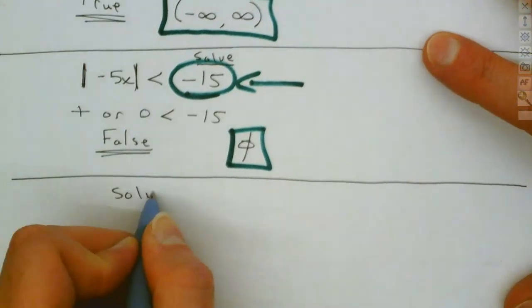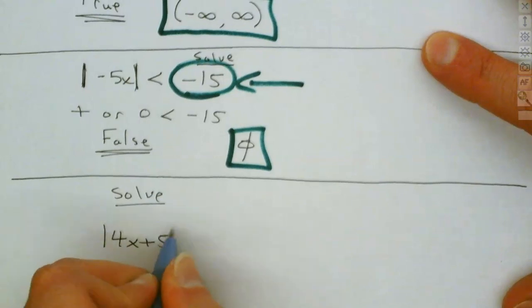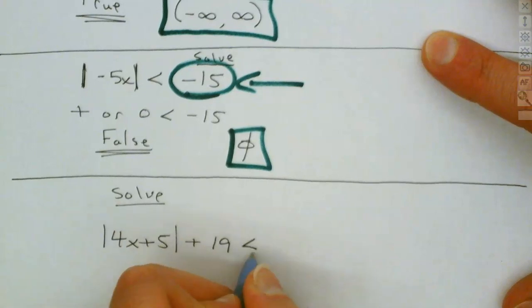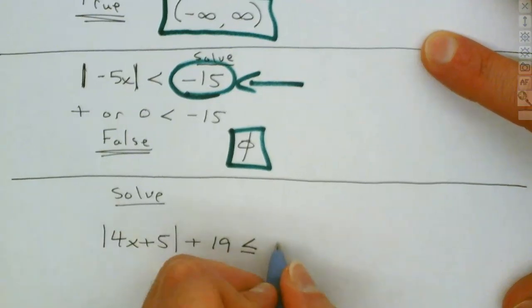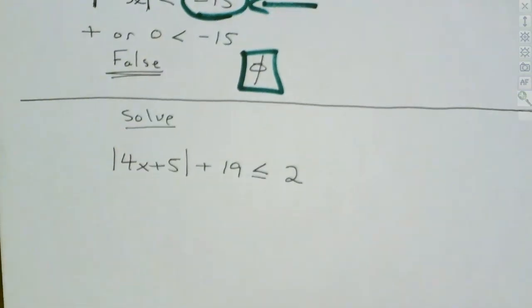Let's do another one. This one. Now, what do we always do first? Before we do anything else, we need to make sure that the absolute value is by itself on the left.